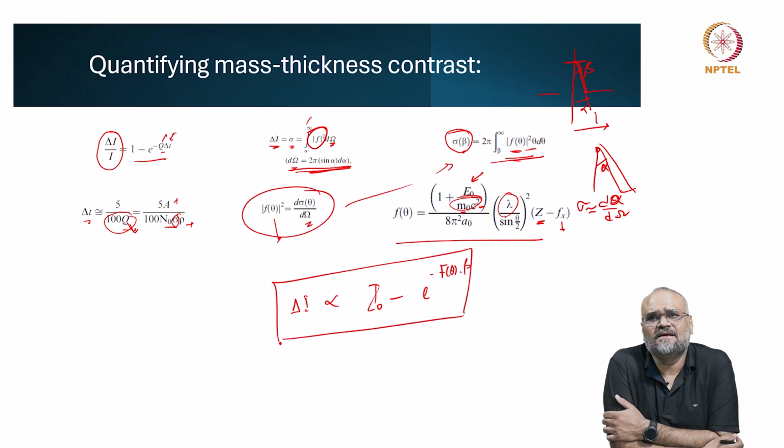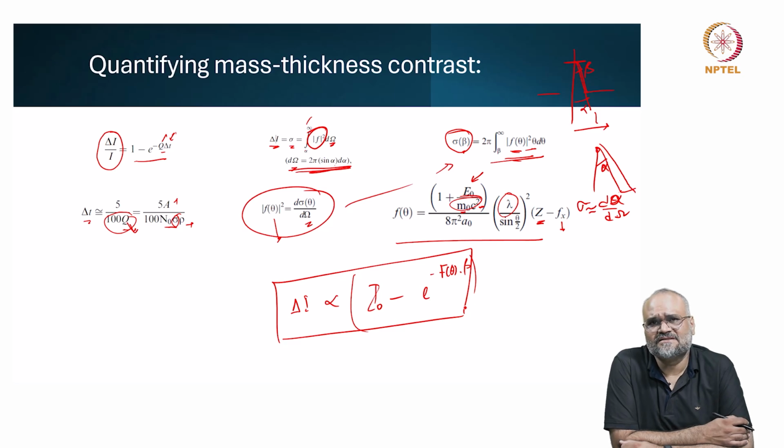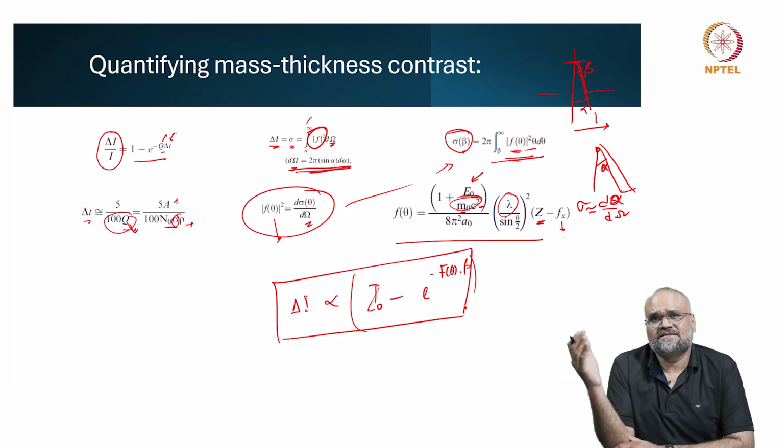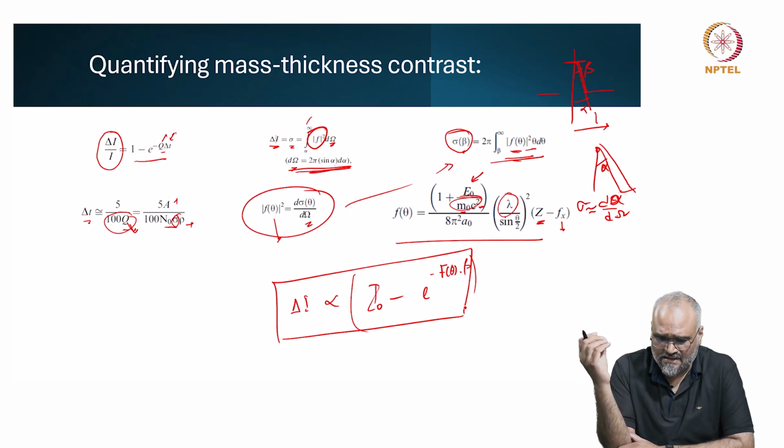For any forward scattered electrons that are forming a sort of a bright field image, you can always write the intensity variation as a function of some kind of an exponential function, where you have variation in intensity as a function of the background minus the structure factor which is considered within the exponential function.